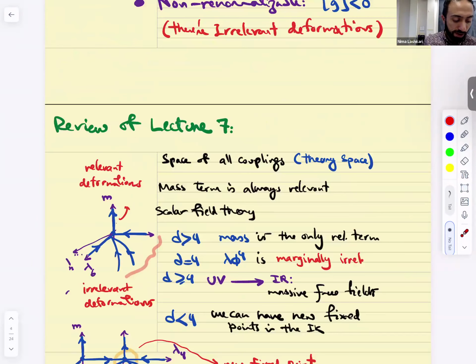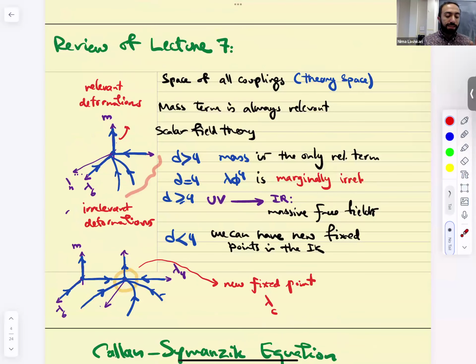Good. All right. So now with that said, let's go back and review lecture 7. It's always helpful in discussing the grand picture of renormalization to have in mind the space of all couplings, right? This is the theory space. For example, if you're talking about a real scalar field, include all the terms that you could, all of them. It's an infinite dimensional space, right?